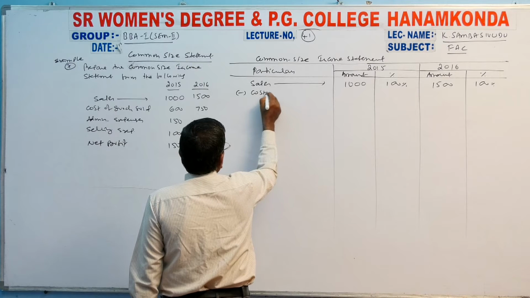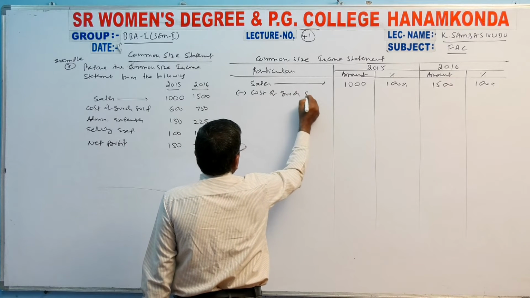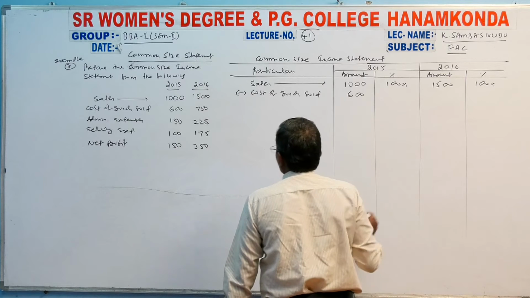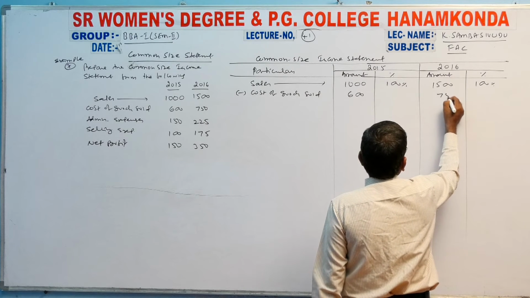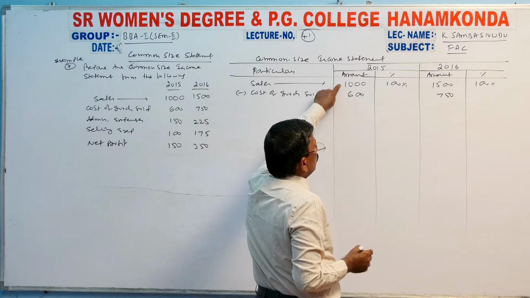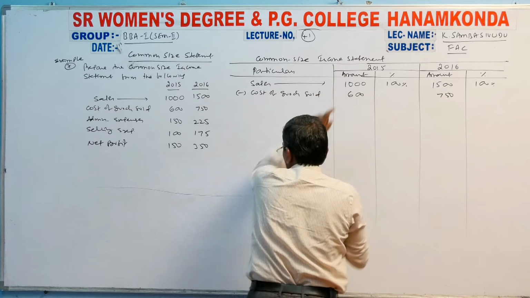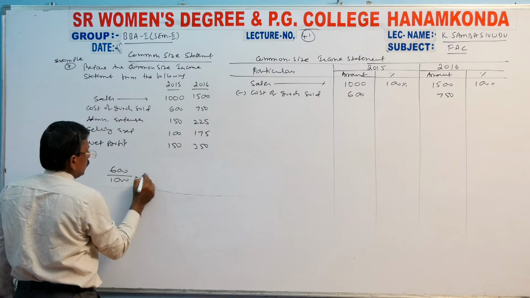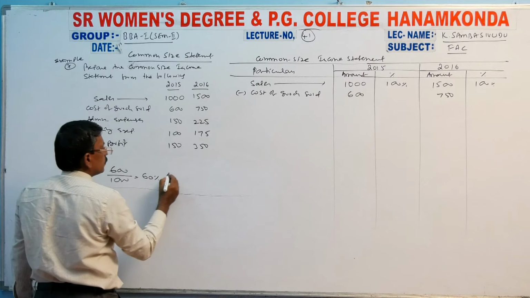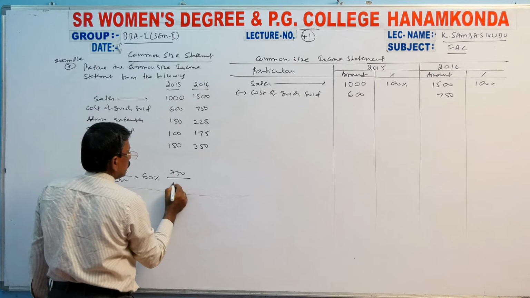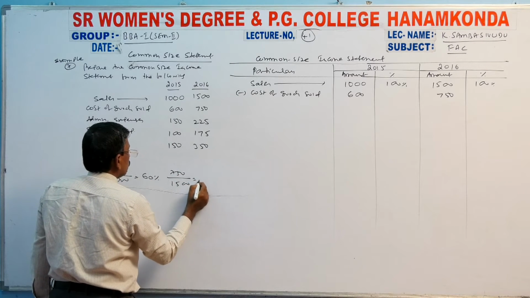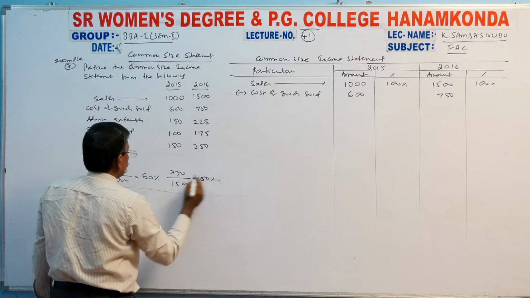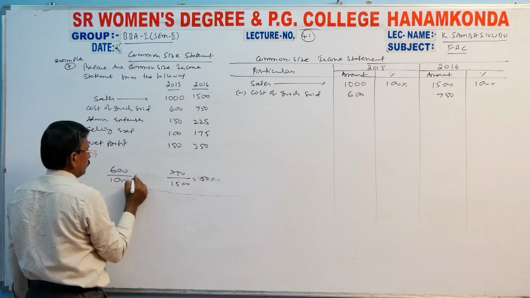Minus cost of goods sold 600, 750. 600 divided by 1000, 60%. 750 divided by 1500 is equal to 50%, into 100.